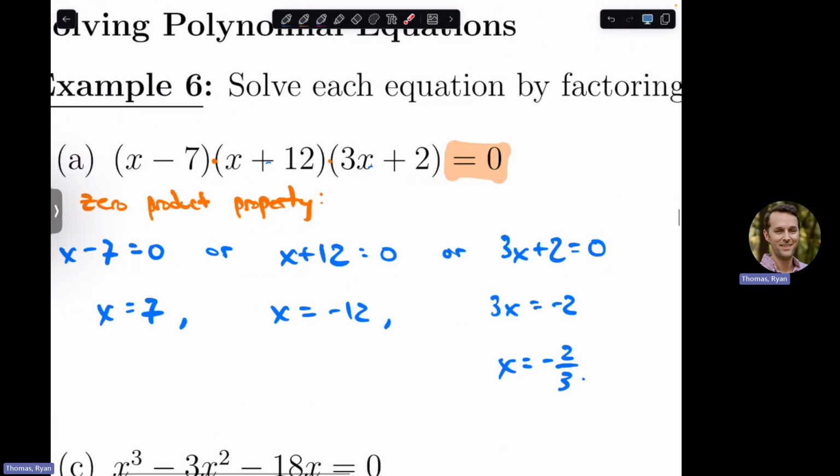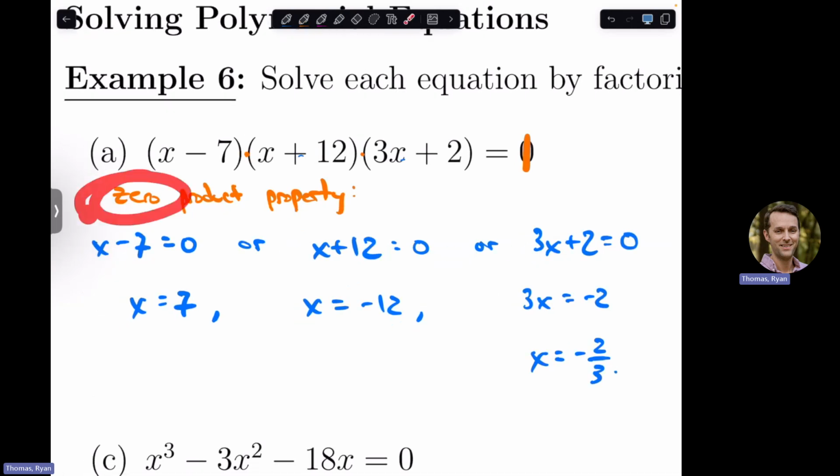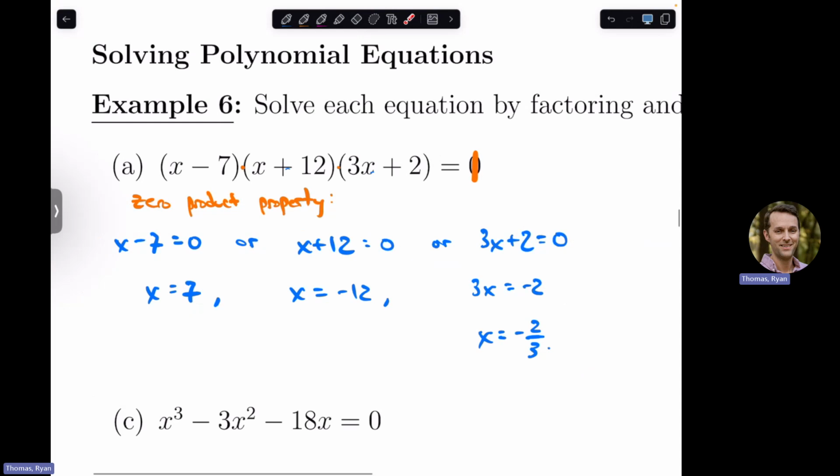Another potential problem would be that if I had something like this and it was equal to, say, 1 instead of 0, this whole thing falls apart. Like none of this works anymore because this is about 0 products, not about products that are 1, right? You multiply stuff together and get 1. I don't know anything about anything. So this only works in the specific case where we've got a product equal to 0 because, again, it's right there in the name.